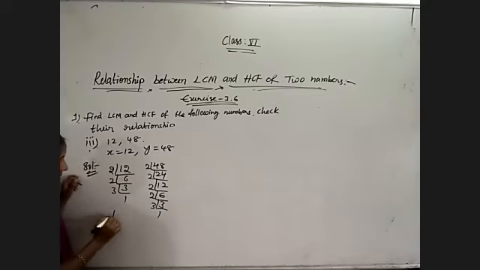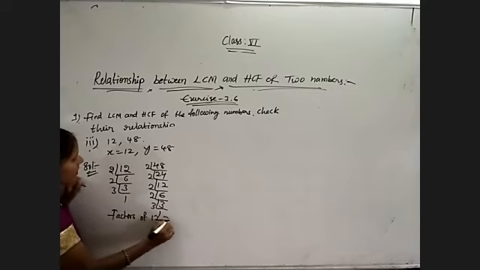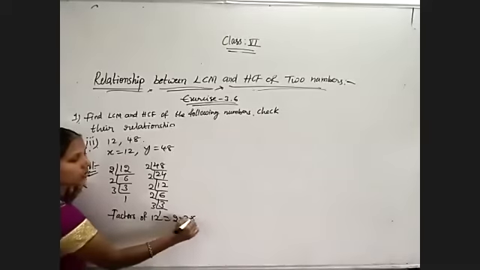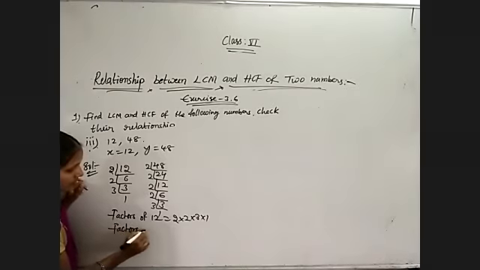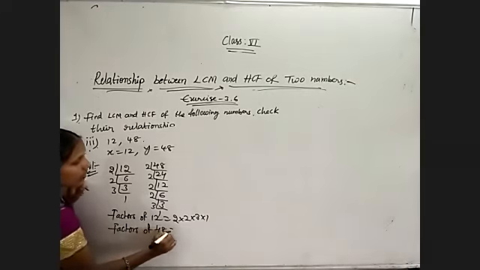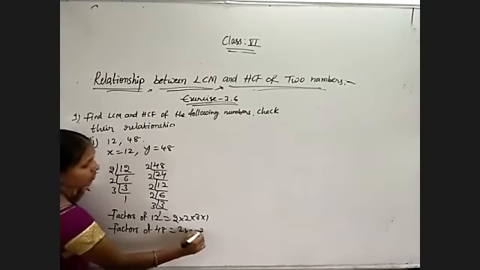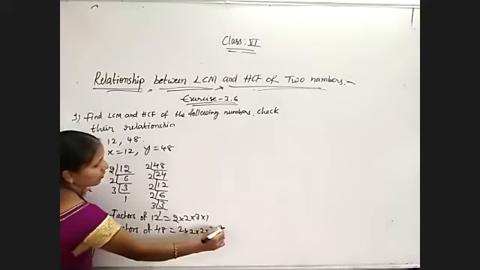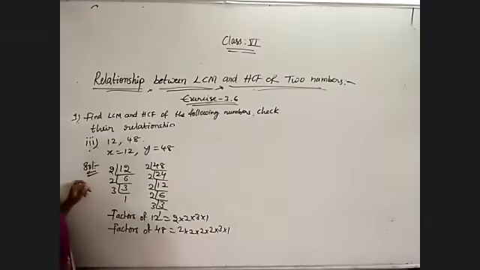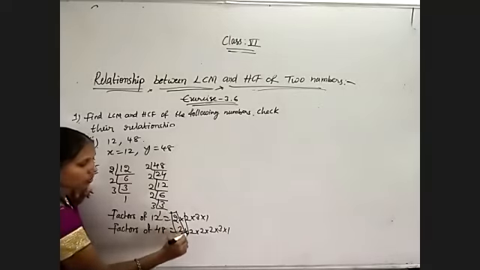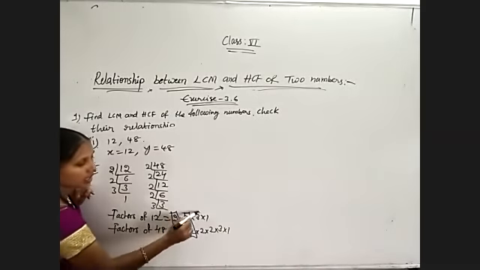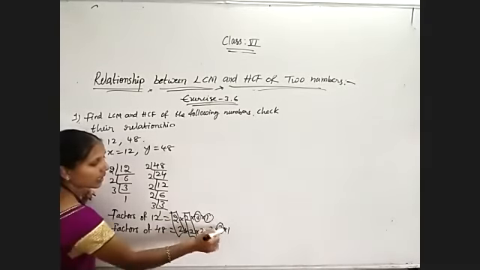Then factors of 12 is equal to 2 into 2 into 3 into 1. And factors of 48 is equal to 2 into 2 into 2 into 2 into 3 into 1. Now identify the common factors. 2 came twice, and one more 2 also came twice. 3 came twice. 1 came twice.